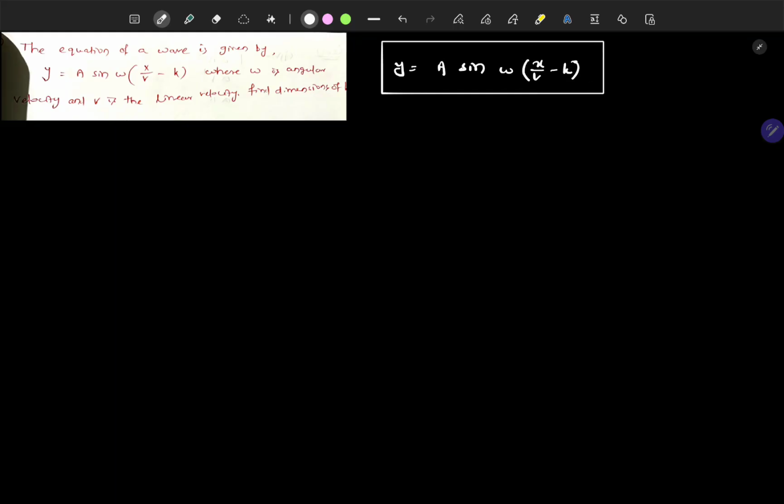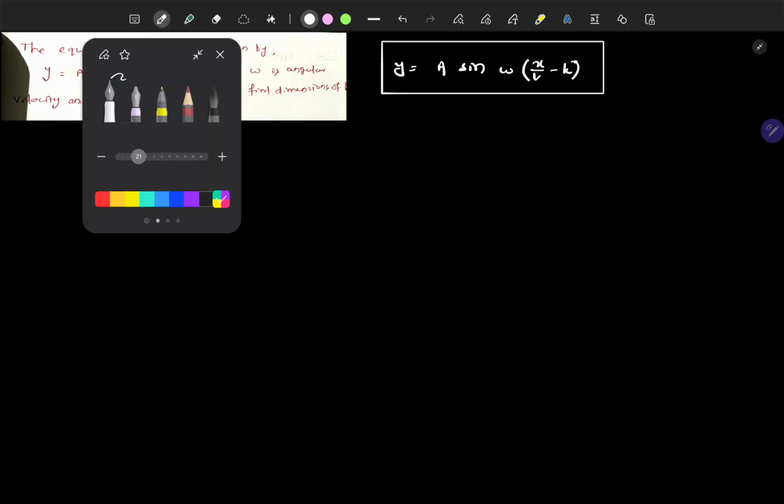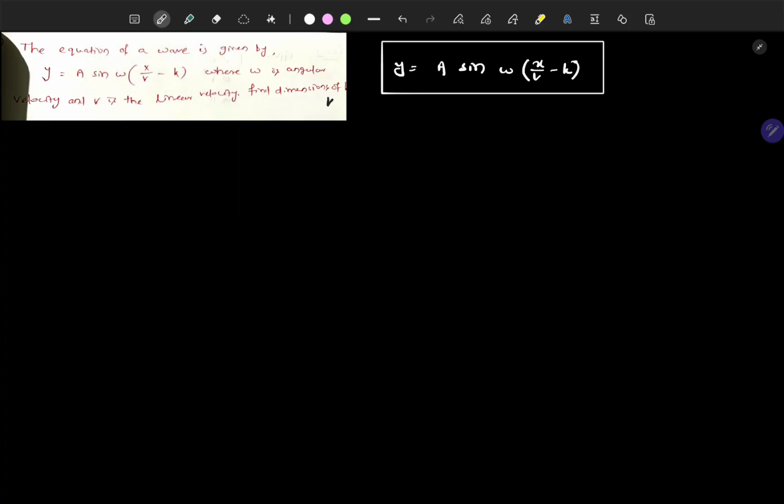The equation of a wave is given by y = a sine omega into x by v minus k, where omega is angular velocity and v is the linear velocity. Here it is asking to find the dimension of k. What is the dimension of k? We have to find it.